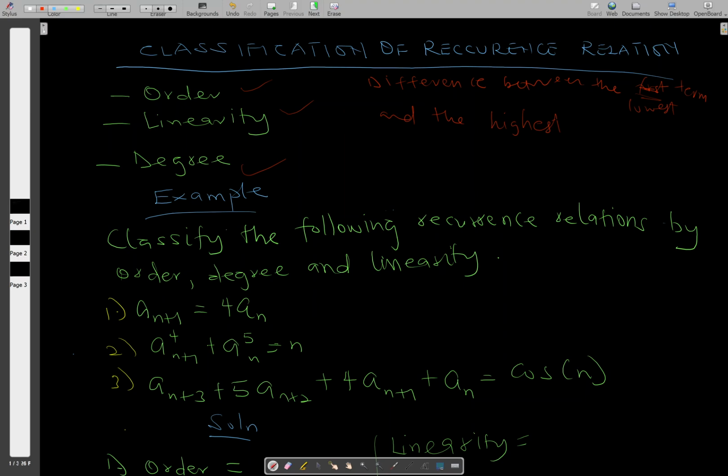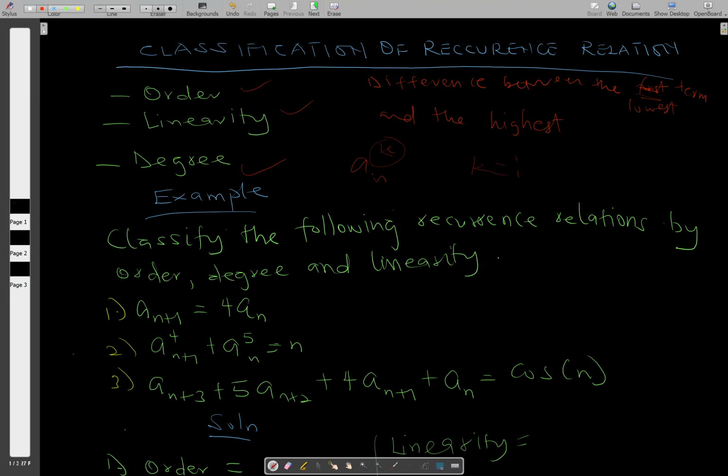And linearity of a recurrence relation. Whenever you are given any recurrence relation, let's assume a subscript n, to the power k. This recurrence relation is said to be linear if k is equal to 1.